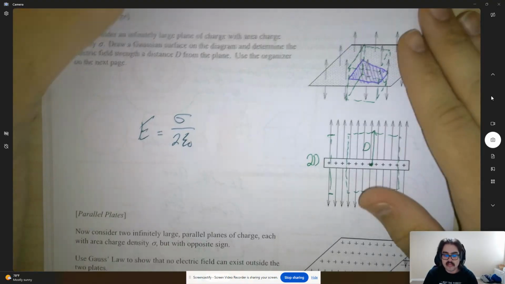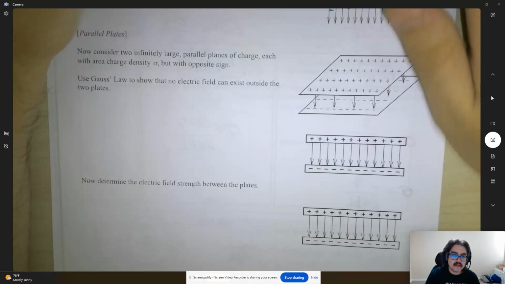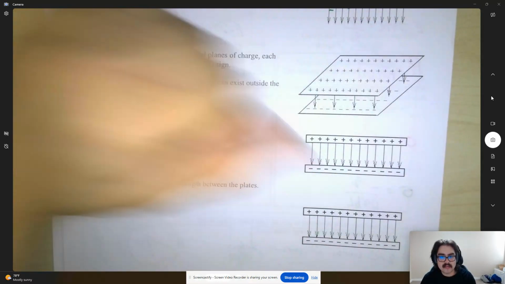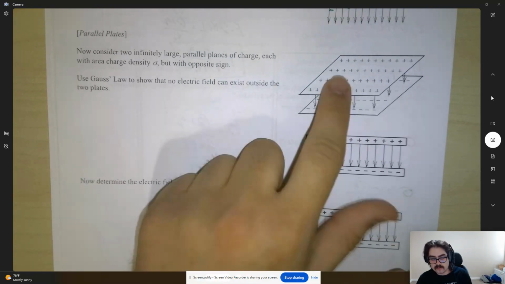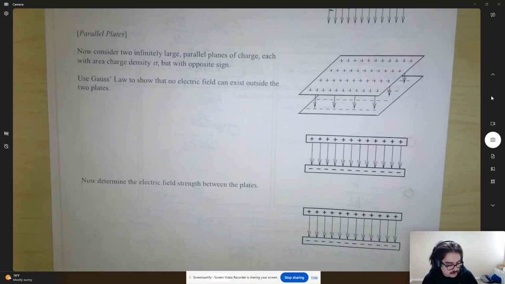If you have two parallel plates, I can prove to you that they each carry opposite signs. They each have the same area charge density. They're infinitely large, they're parallel to each other, and they have opposite sign. So you'll notice that the field goes from the positive to the negative plate. What I can do is show you that no field exists outside the plates.